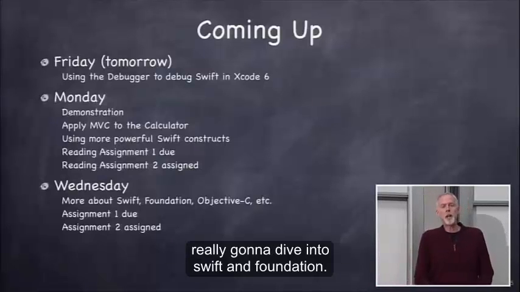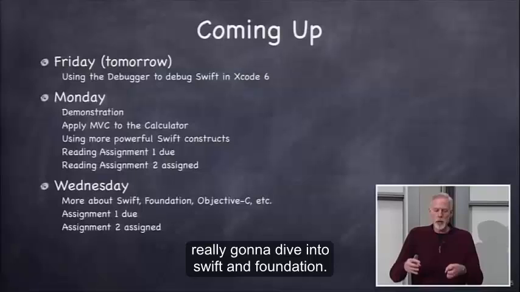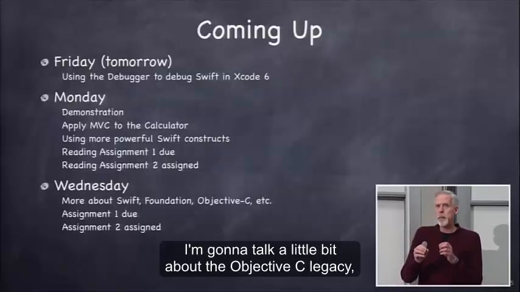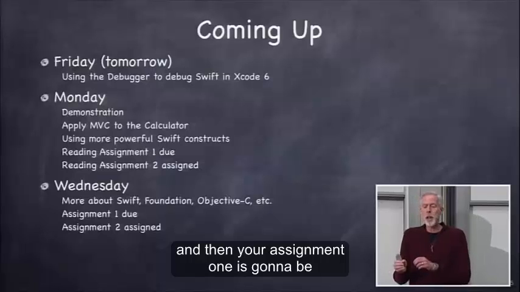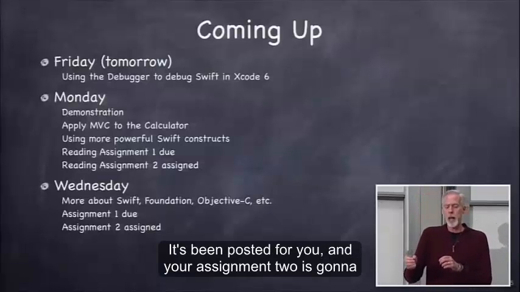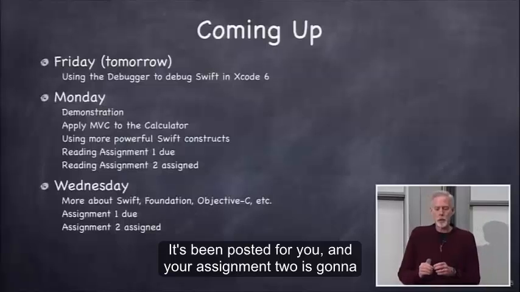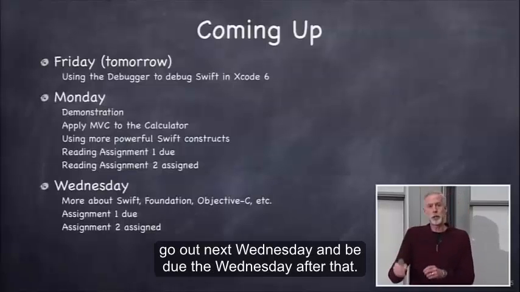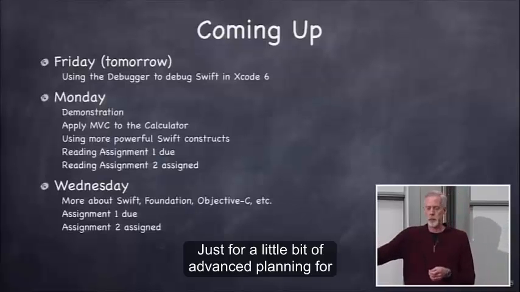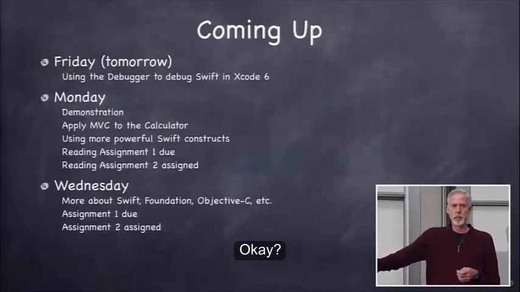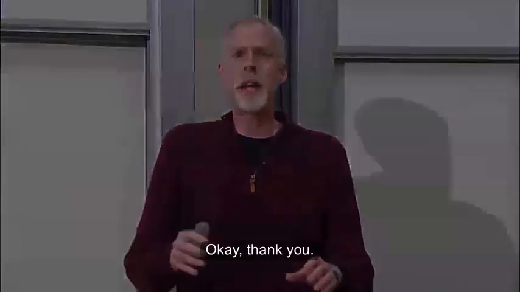And then on Wednesday, I'm really going to dive into Swift and Foundation. I'm going to talk a little bit about the Objective-C legacy. And then your assignment 1 is going to be due a week from today. It's been posted for you. And your assignment 2 is going to go out next Wednesday and be due the Wednesday after that, just for a little bit of advanced planning for all of you. Okay? Any other questions? Okay, thank you.